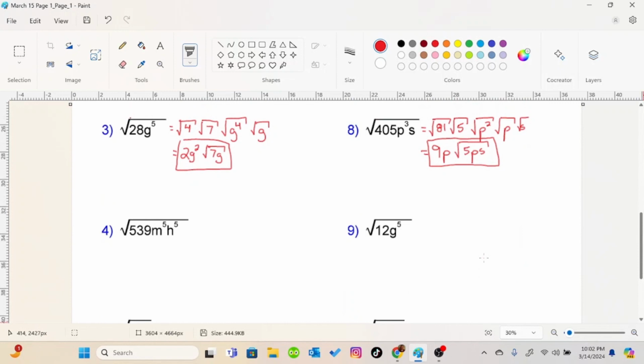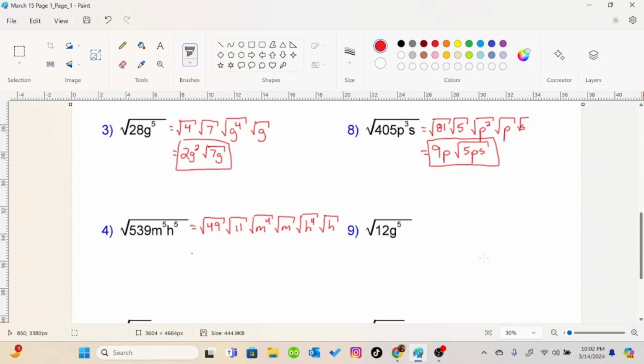Number 4. 539 can be thought of as 49 times 11. M to the fifth can be thought of as m to the fourth times m, and h to the fifth can be thought of as h to the fourth times h.